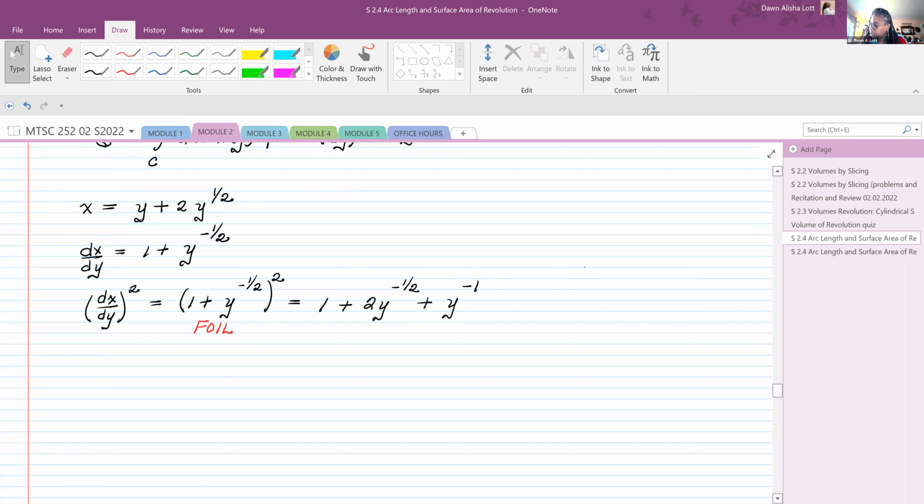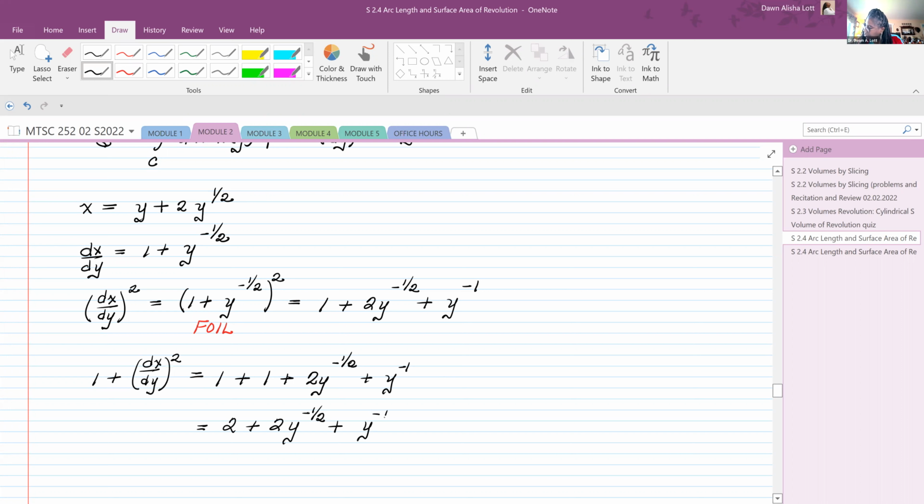Now I have to add 1 to it. 1 plus (dx/dy) squared is 1 plus 1 plus 2y to the negative 1/2 plus y to the negative 1. So that looks like 2 plus 2y to the negative 1/2 power plus y to the negative 1.